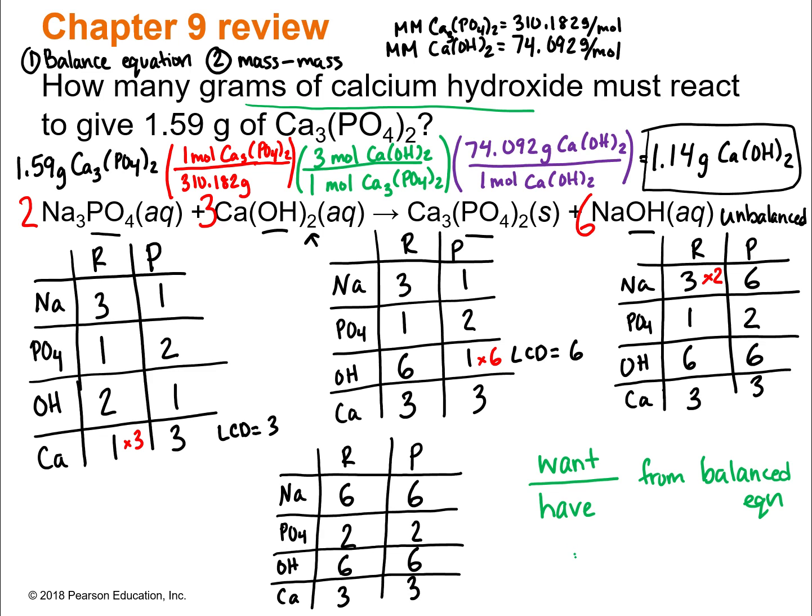So that means the moles of calcium hydroxide have to go on top from the equation. So that's 3 moles. What we already have information about is the calcium phosphate. We look at the equation there, there's no coefficient, so it's a 1. And that's the mole-mole ratio. Is that good?